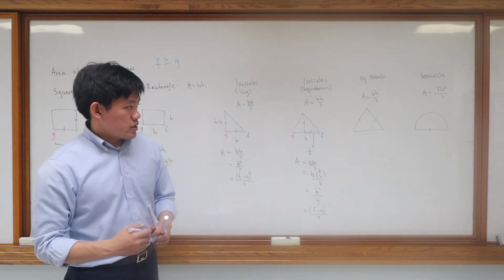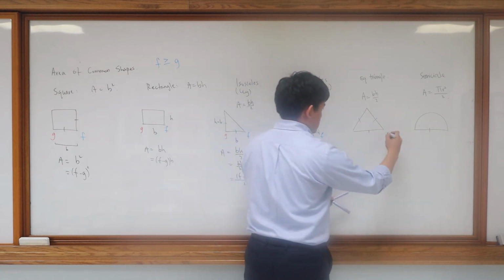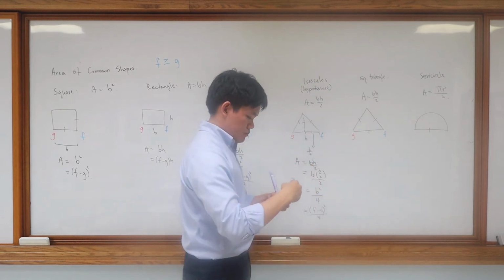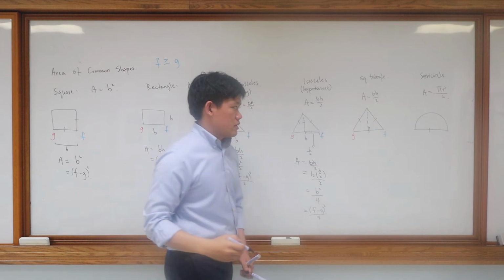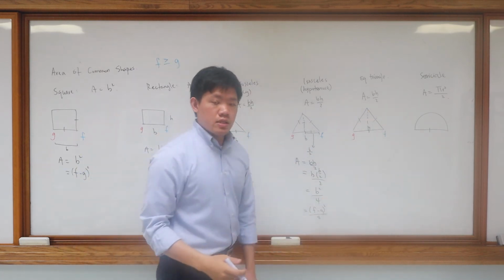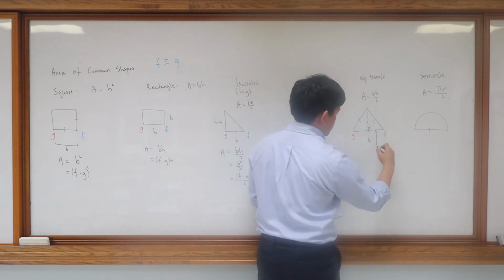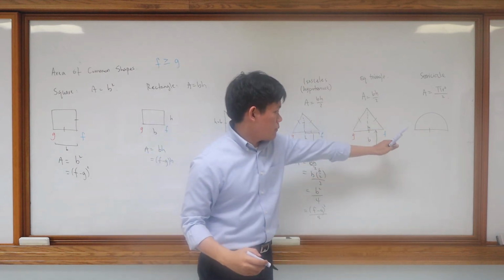Now, for the equilateral triangle, that means every side is the same length. Let's go draw this, F and G. For the equilateral triangle, this angle is 60 degrees, this one must be 30. If this whole thing is my base, then this length here is base over 2, and we know this side is base.